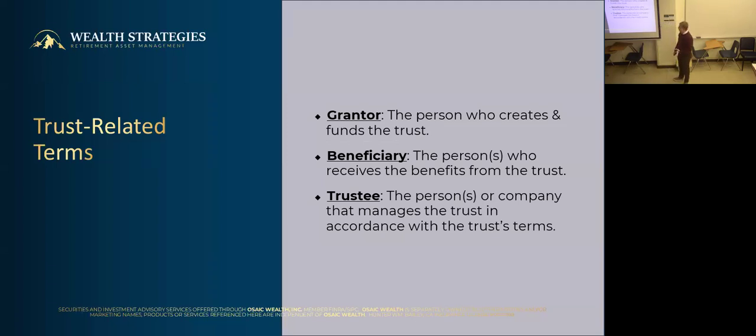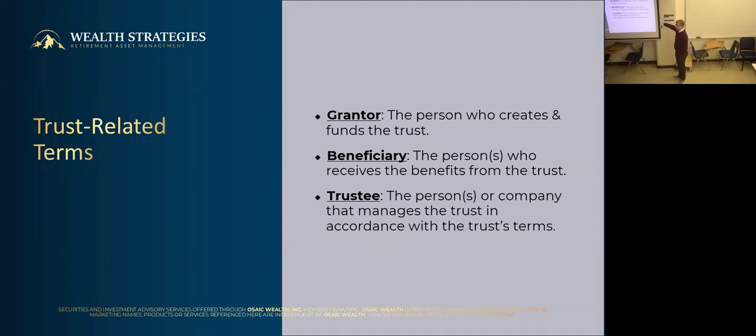You've got your beneficiary or beneficiaries, which are the people who are going to receive benefits from the trust. Could also be you, for example, something like a grantor retained annuity trust would be something where you put money in there and then the trust calculates some sort of annuity for you and pays you income over your lifetime. Then the remaining assets get transferred out to other people, whoever beneficiaries you have named.